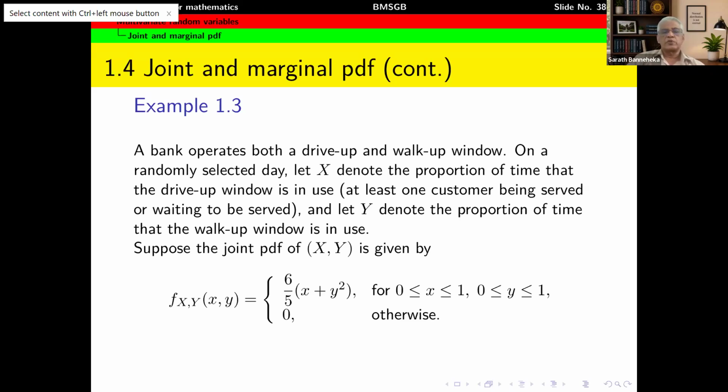Let y denote the proportion of time that the walk-up window is in use. Suppose that the joint probability density function of x and y is given by this mathematical expression. Right. So you can think again how they got this particular joint density function. One way to get this is by collecting a large enough data set on a large number of days.